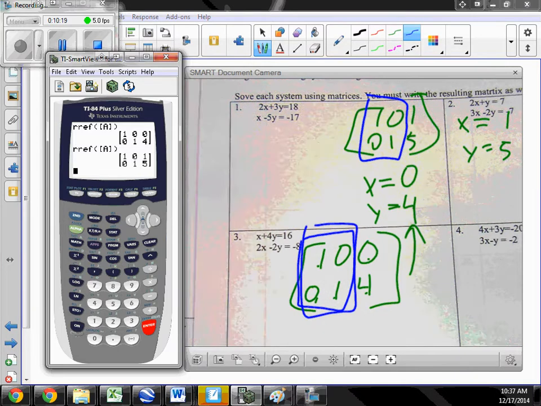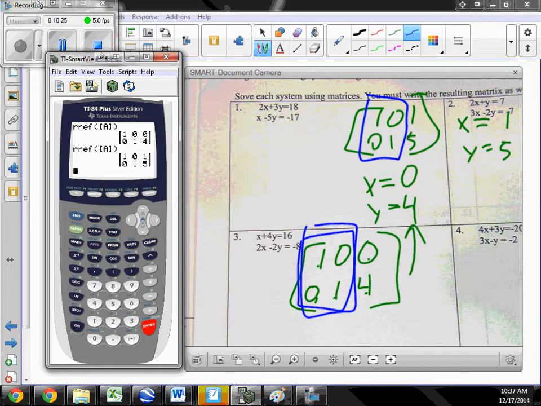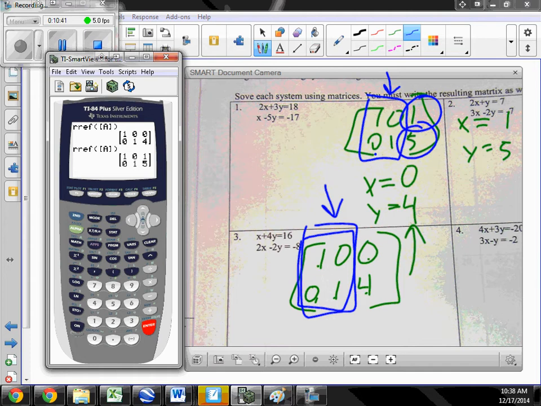That's what RREF does. It takes the equation and it simplifies it so that it says 1, 0, 0, 1 most of the time. Okay? So if you see this answer, or I mean those matrices, this will be your x answer and this will be your y answer every time.